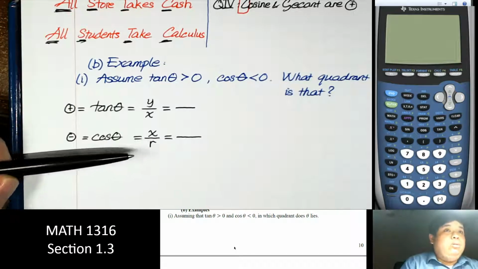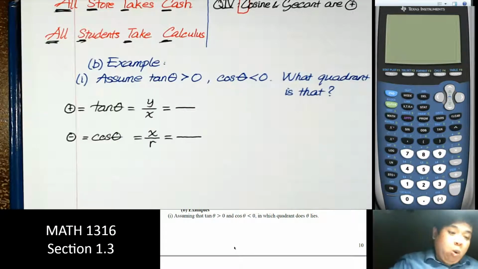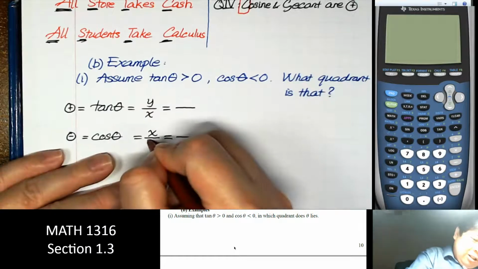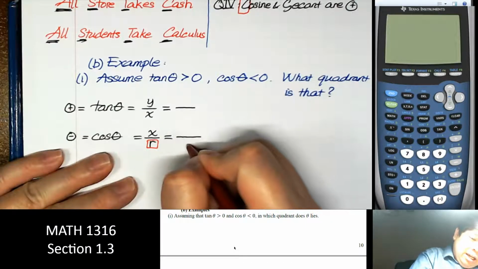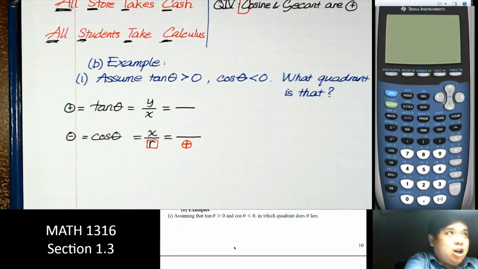X, we don't know. X could be positive, X could be negative. Y could be positive, Y could be negative. So we don't know about that. But what we know for sure, always, R is going to be positive. It's always like that. One thing for sure, R is positive.